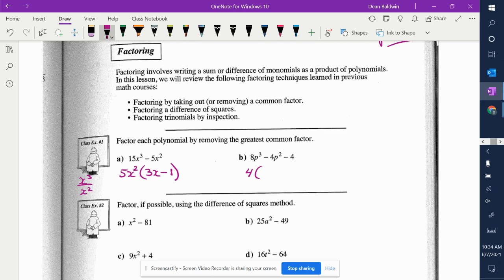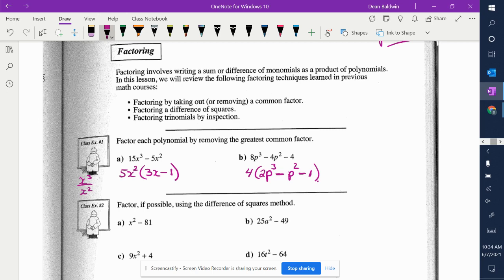What am I left with in the brackets? 2p cubed, minus p squared, minus what? 1.